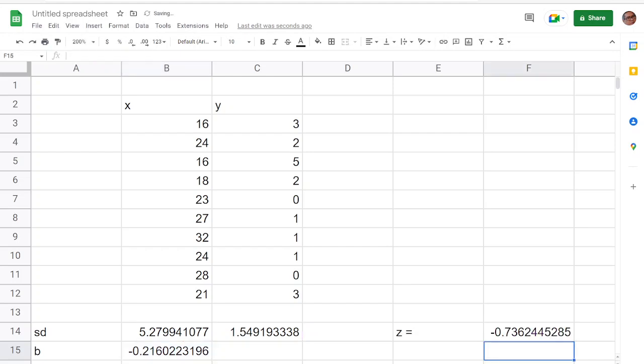So this will give you the result. So the value here is negative 0.7362. Okay, so that is the value for the Z.